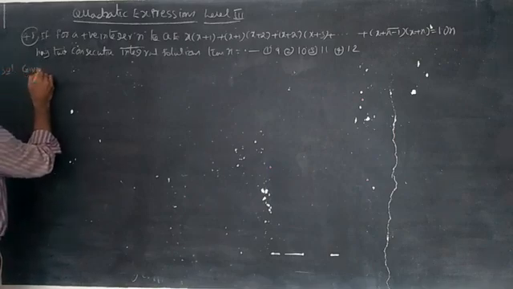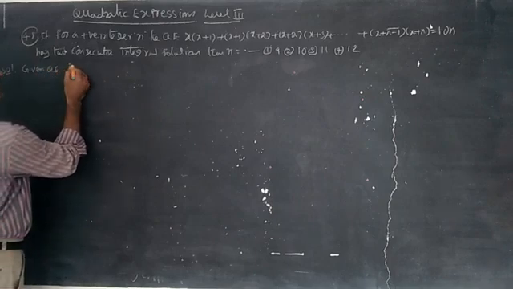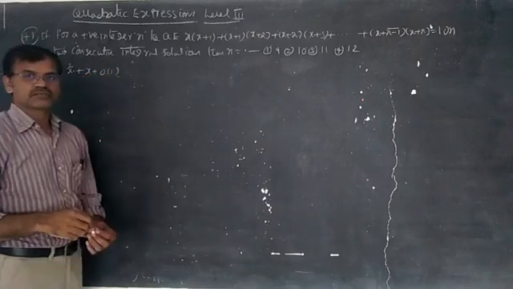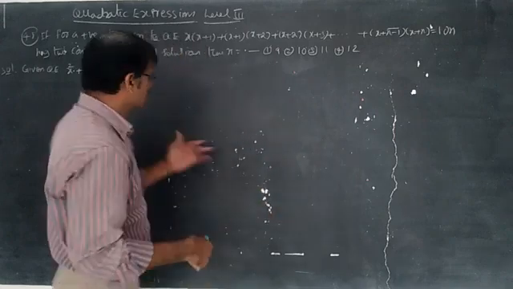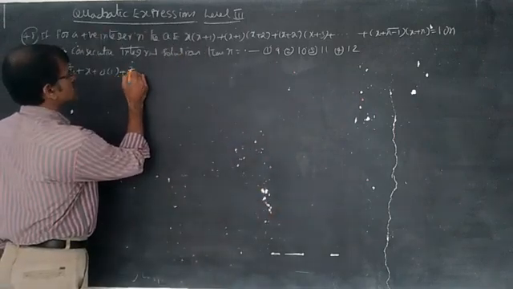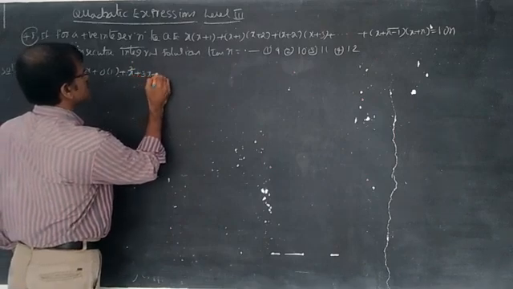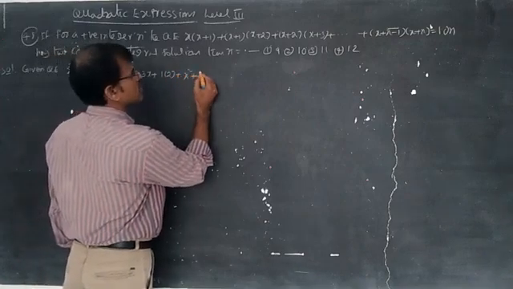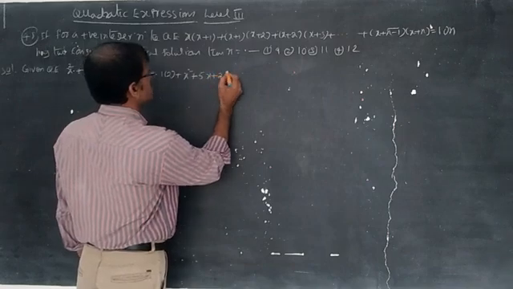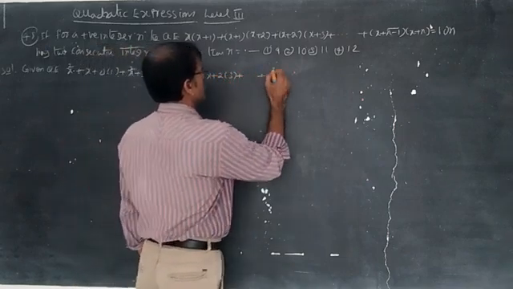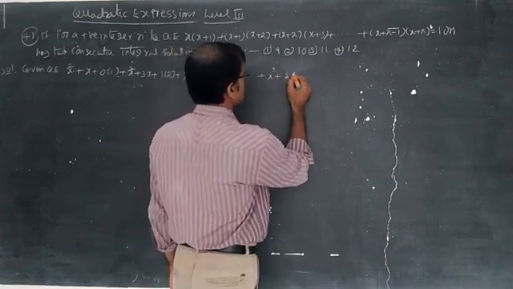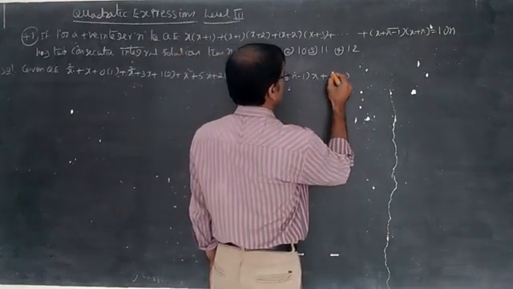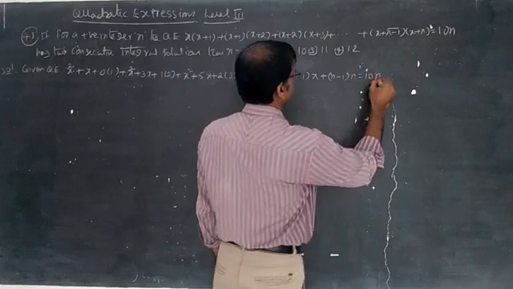Given the quadratic equation, I am writing it by multiplying like this: x square plus x plus 0 into 1, plus x square plus 3x plus 1 into 2, plus x square plus 5x plus 2 into 3, and so on, plus x square plus (2n minus 1)x plus (n minus 1) into n, is equal to 10n.